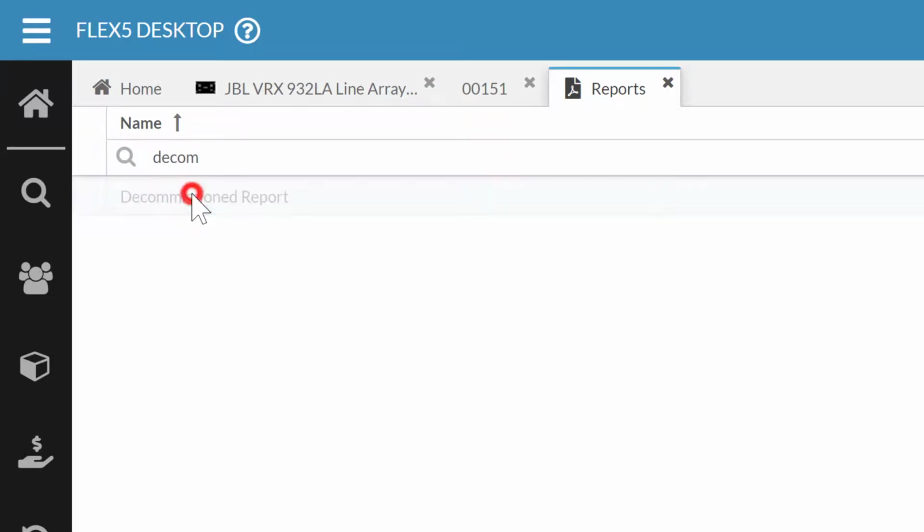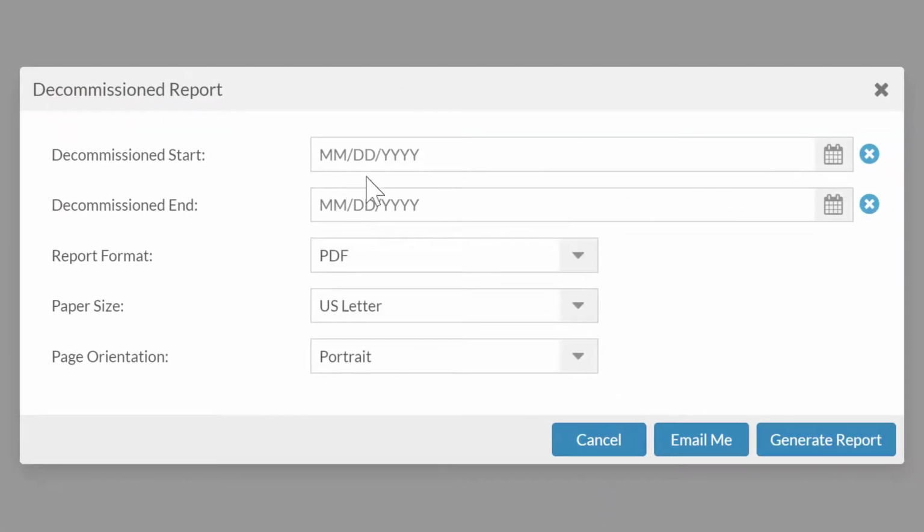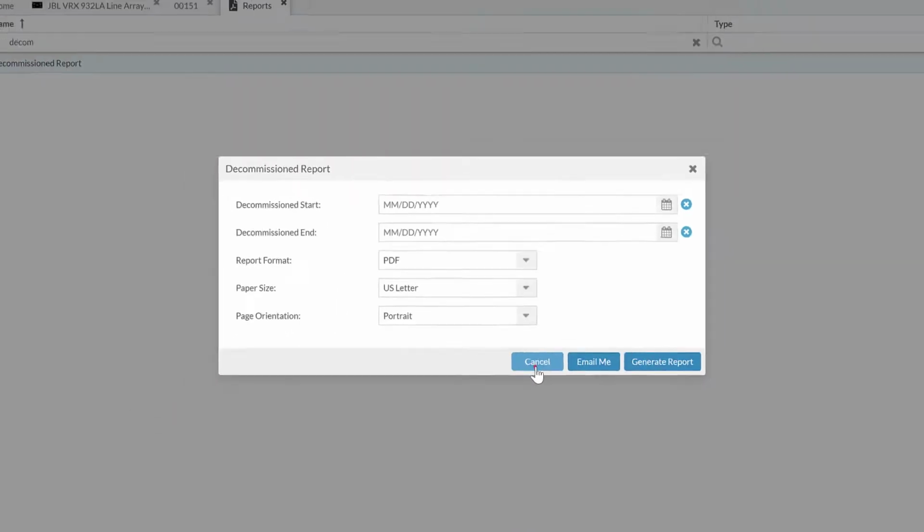If this is the first time you're doing it, maybe you just want to say from the beginning of my system till recently. Once you start doing this, I tend to recommend setting a regular interval, every 6 months or every year, where you pull that data out and figure out what's going on. And now that you've got that report, you can save that file for archive, then go into those items and delete them.